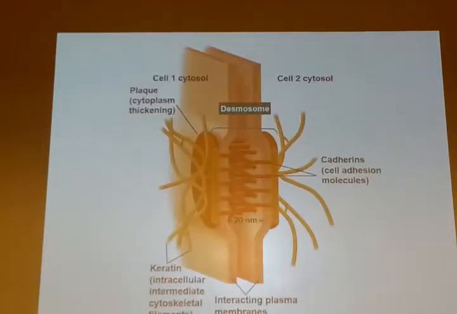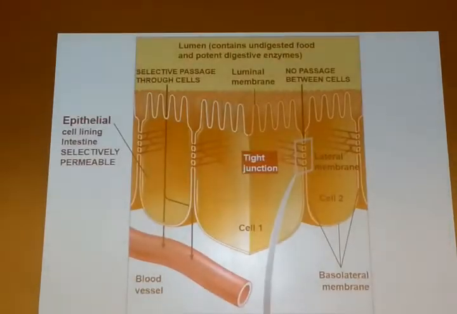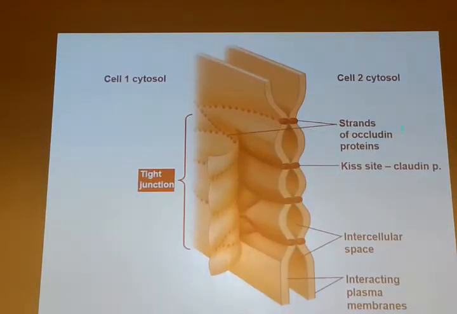The others, you have tight junctions. Tight junctions are formed by other proteins. As their name implies, they're supposed to prevent things going between cells. So you have these occludin proteins that come from each adjacent cell, and they attach to each other. It's referred to as the kiss site, which is sort of romantic.